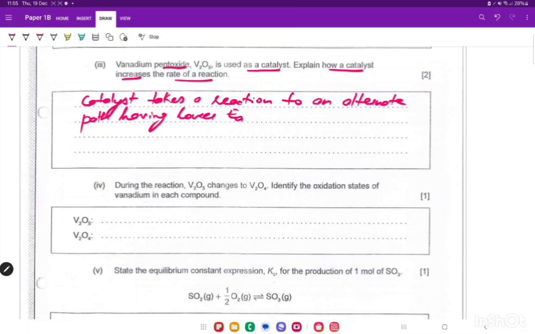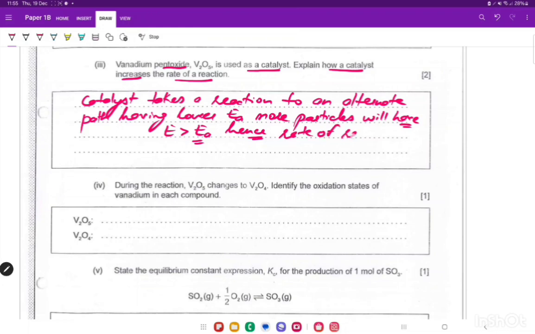Thus, more of the reactant particles will have energy greater than activation energy, and since activation energy has been decreased, the rate of reaction will increase.